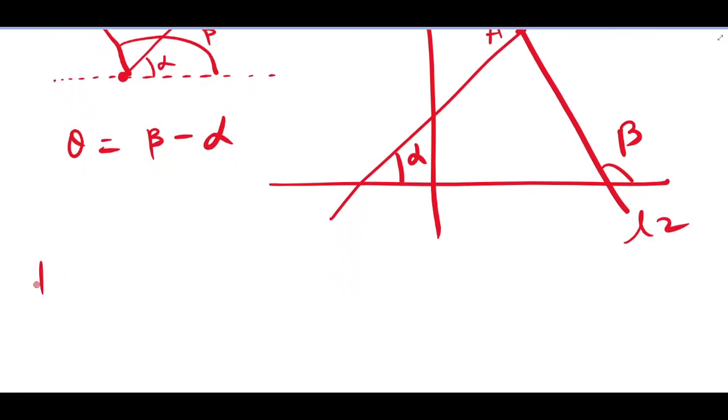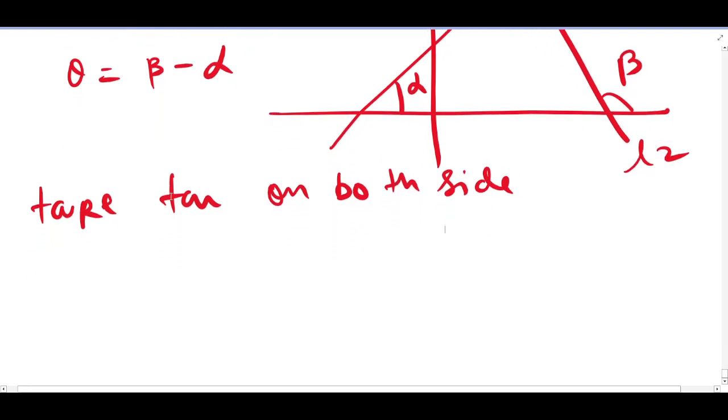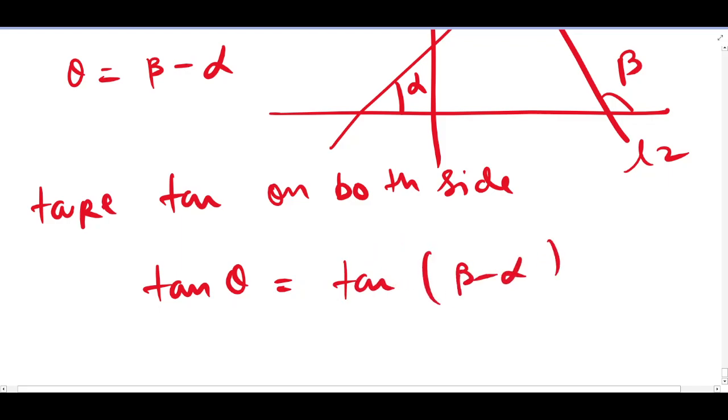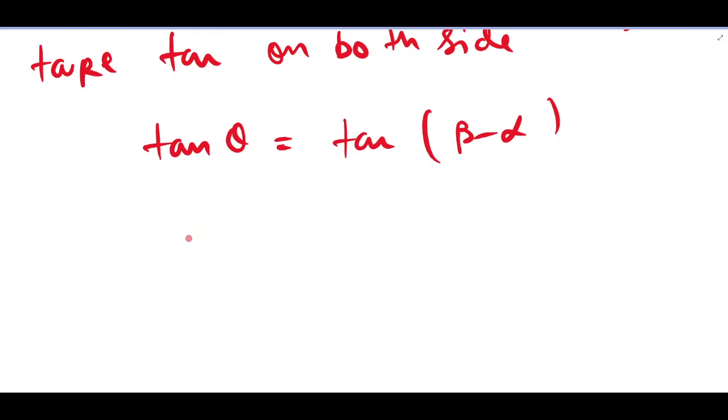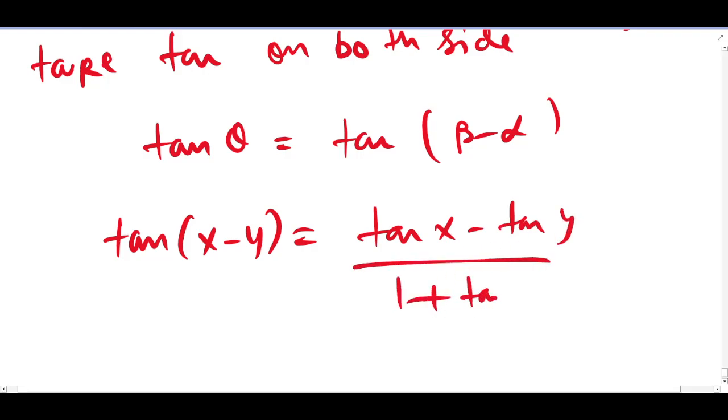Taking tan on both sides, tan theta is equal to tan of beta minus alpha, and from the trigonometric identity, tan of x minus y is equal to tan x minus tan y divided by 1 plus tan x tan y.